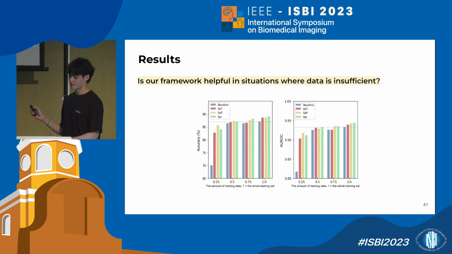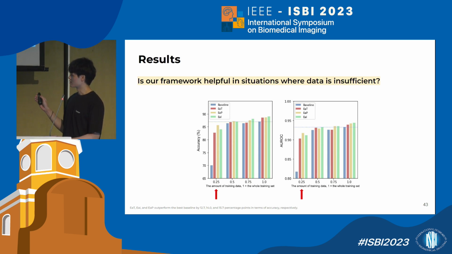As for the last research question, we experiment on varying amounts of training data to see if our framework can still be effective in data scarce scenarios. We found that no matter how much data we give to the model, our settings always outperform the baselines, especially when only 25% of data were given.